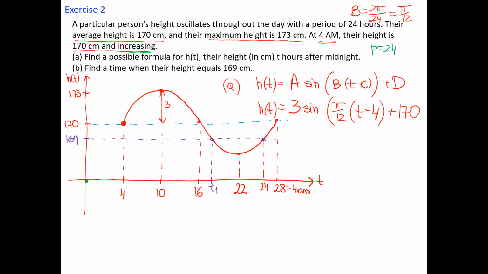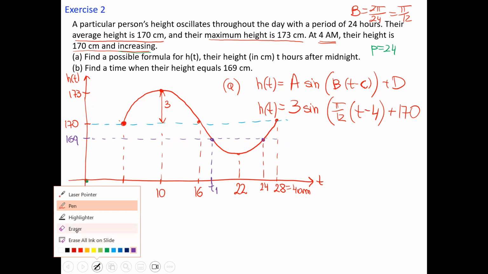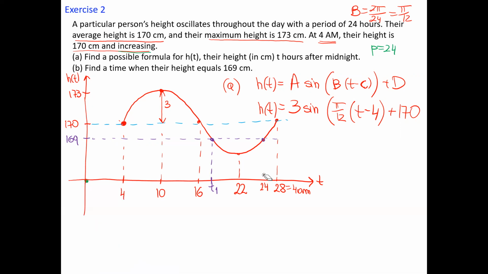Probably my 24 is not in the right place. We will adjust. T sub 2. Let's find this time. Okay, where exactly is, we need that purple dot and that purple dot on the x-axis.